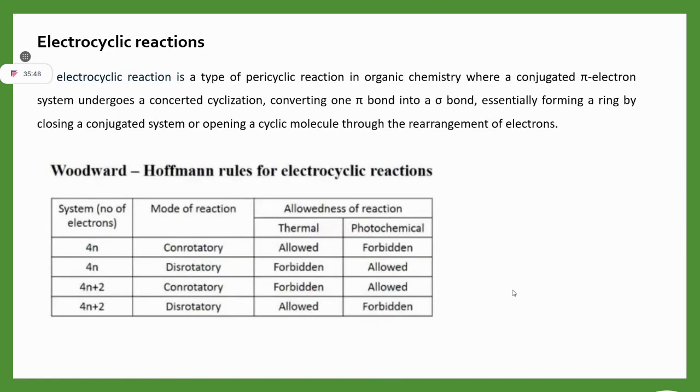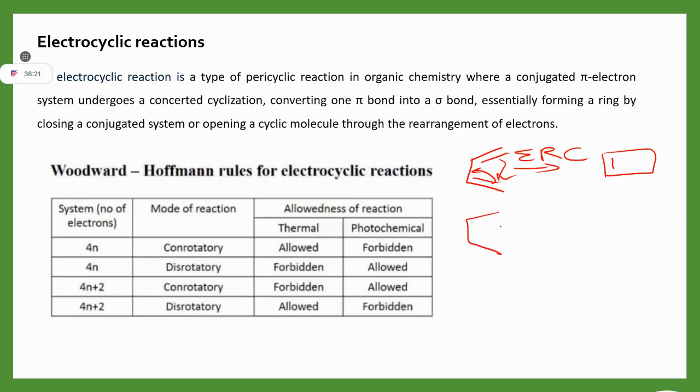So, what are electrocyclic reactions? It is that type of pericyclic reaction where you just have to move pi bonds and form a ring. There are two possibilities. Either this bond is shifting there and this bond is coming there, and you will form this cyclobutene, right? This is your electrocyclic ring closing.